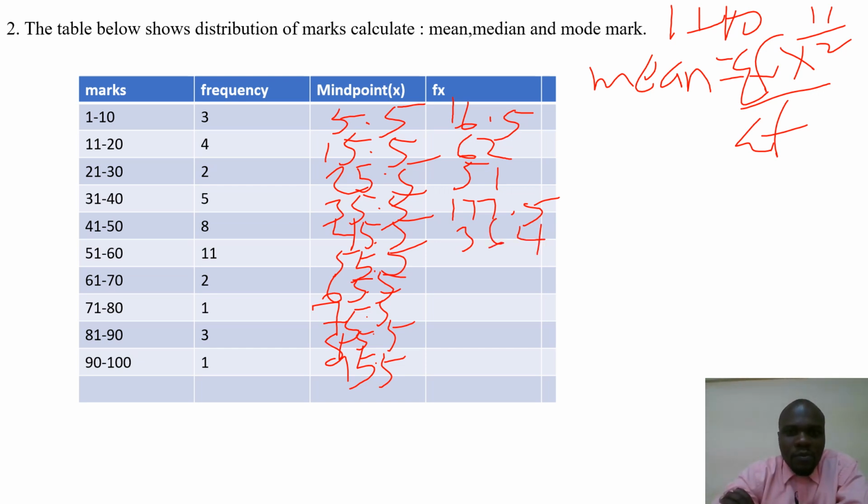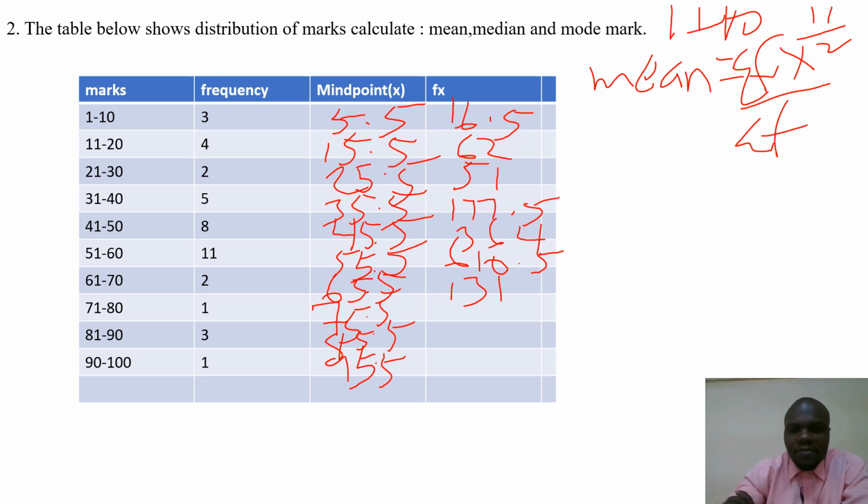Then 55.5 multiplied by that gives us 610.5, and then 2 multiplied by 65.5 gives us 131.